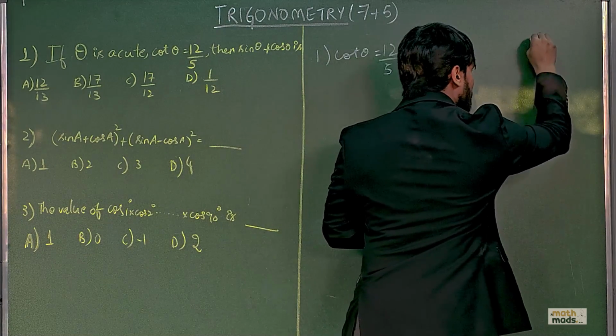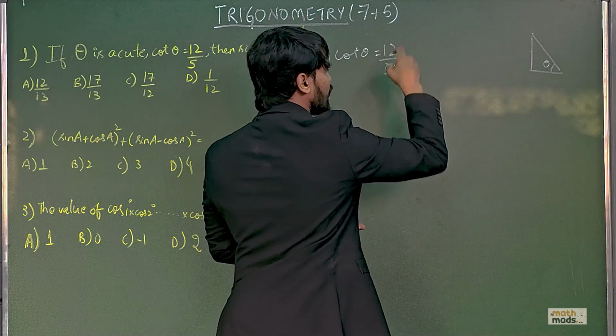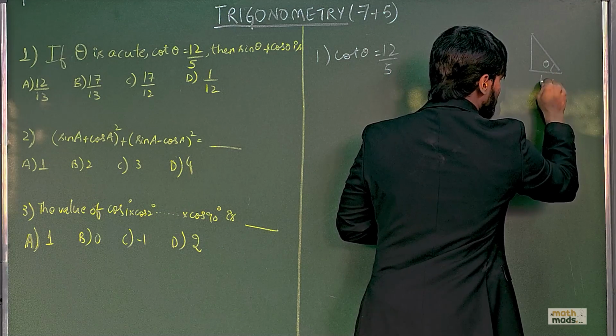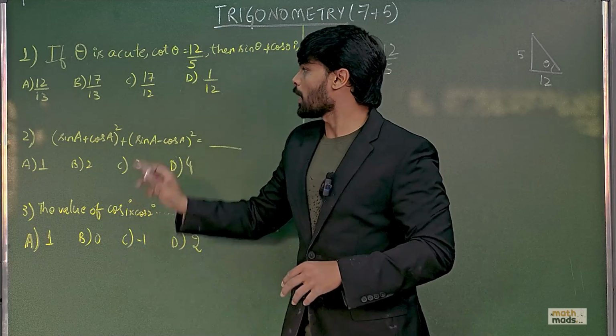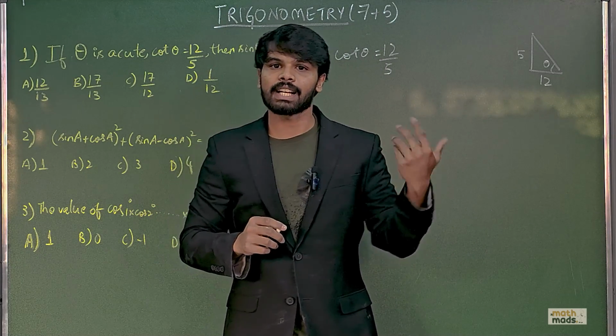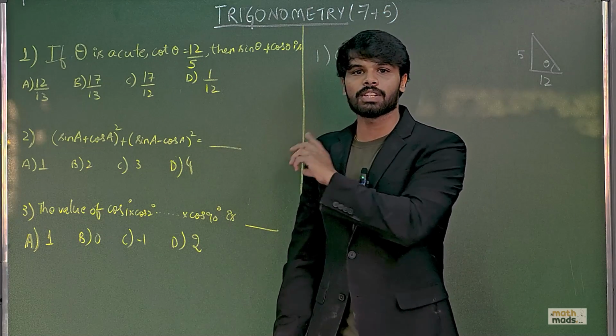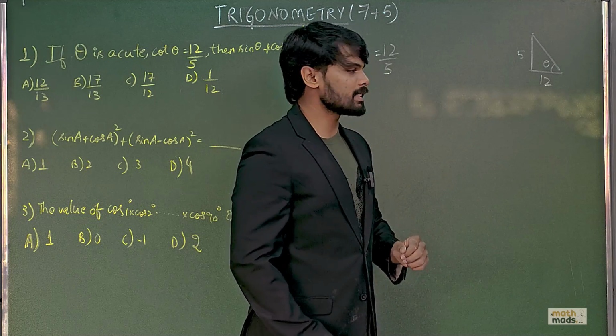So let us write a right angle triangle first. Mark this as theta. So if this is theta, adjacent by opposite: adjacent is 12 and opposite is 5. What are the values which we want? Sin theta and cos theta. Sin theta is opposite by hypotenuse. Cos theta is adjacent by hypotenuse. So for finding both of these, you need the value of hypotenuse. With these values, apply the Pythagoras theorem.